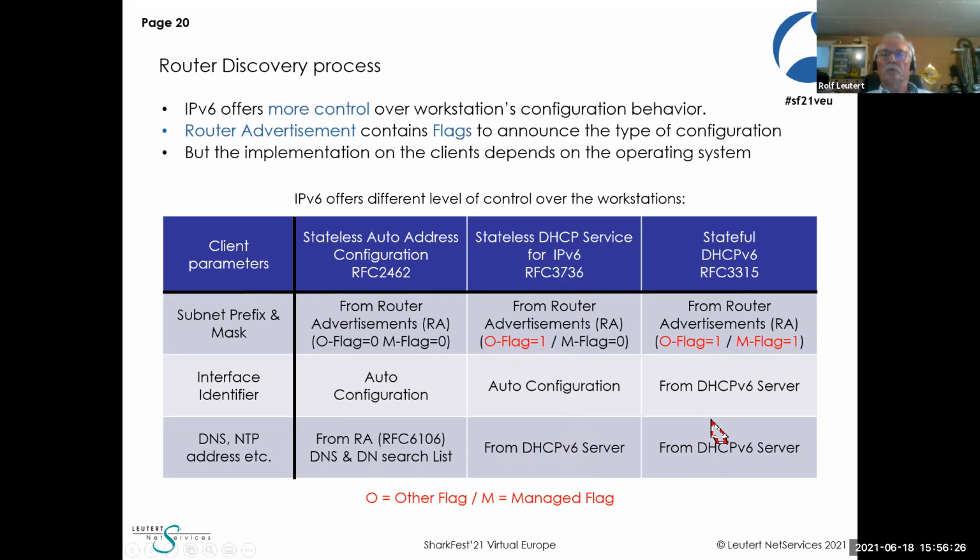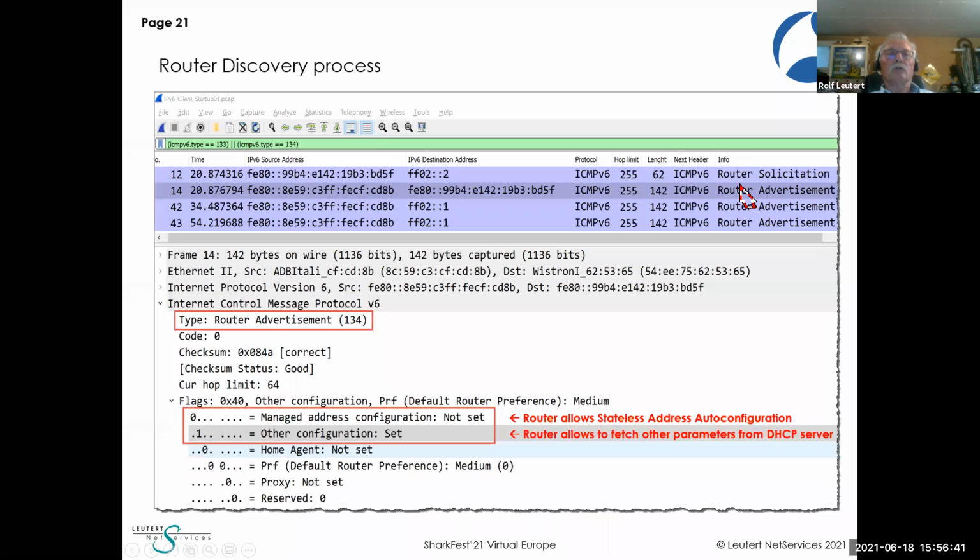And then we have the full manageable version. So we have a nice selection of versions of choice, what we would like to do. And on the router, yes, you see this here in the Wireshark, of course, the management bit and the other bit are set here.